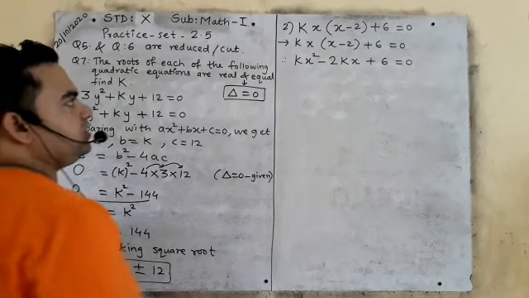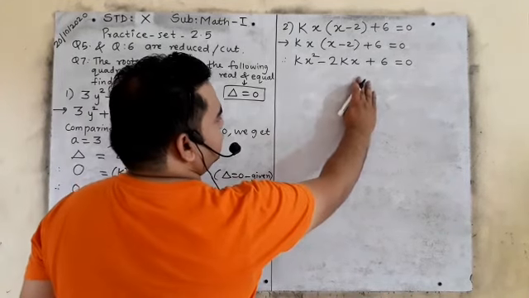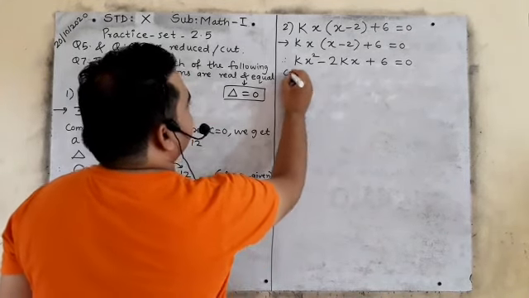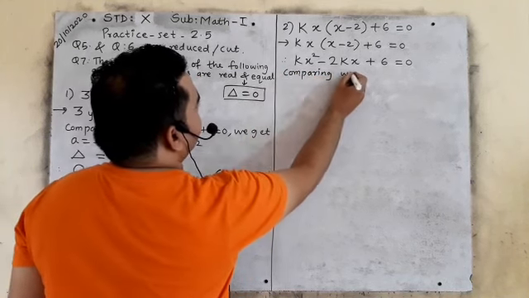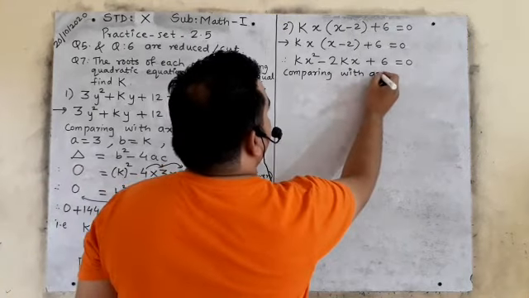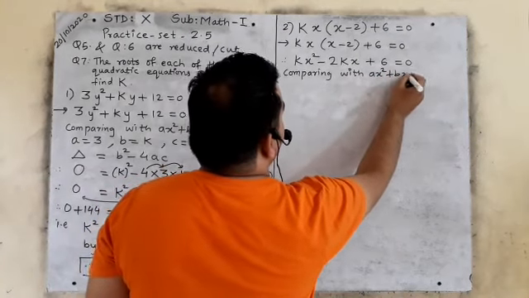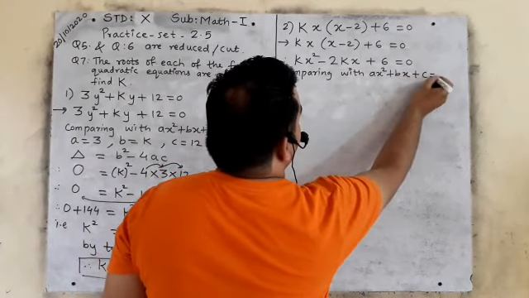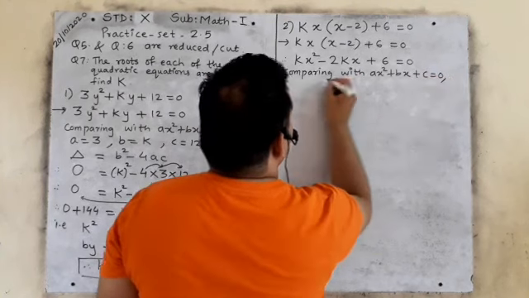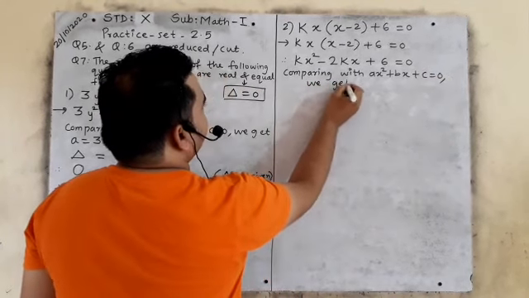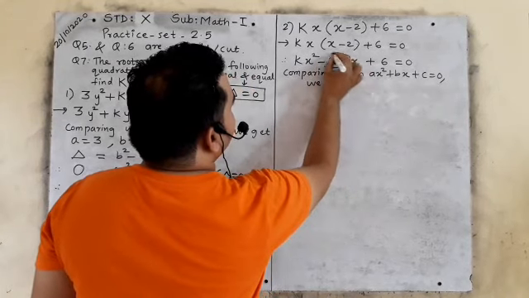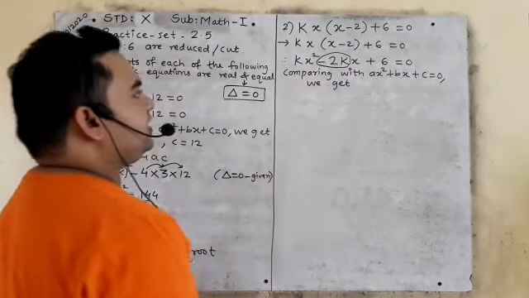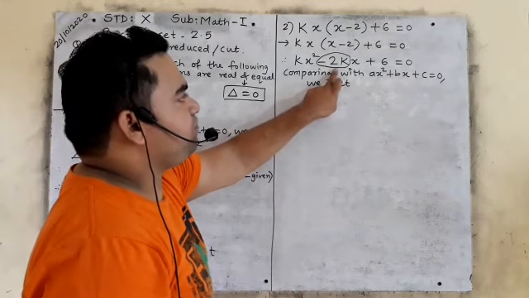I hope you understood. Now this is an equation. Now we have to compare it with ax square plus bx plus c is equal to 0. Pay attention here: bx, it means this will be the value of b.